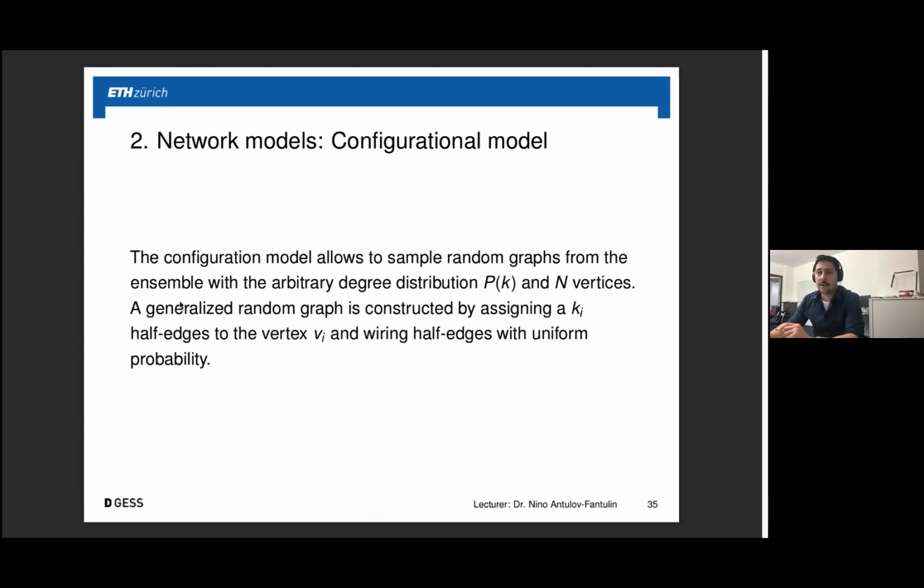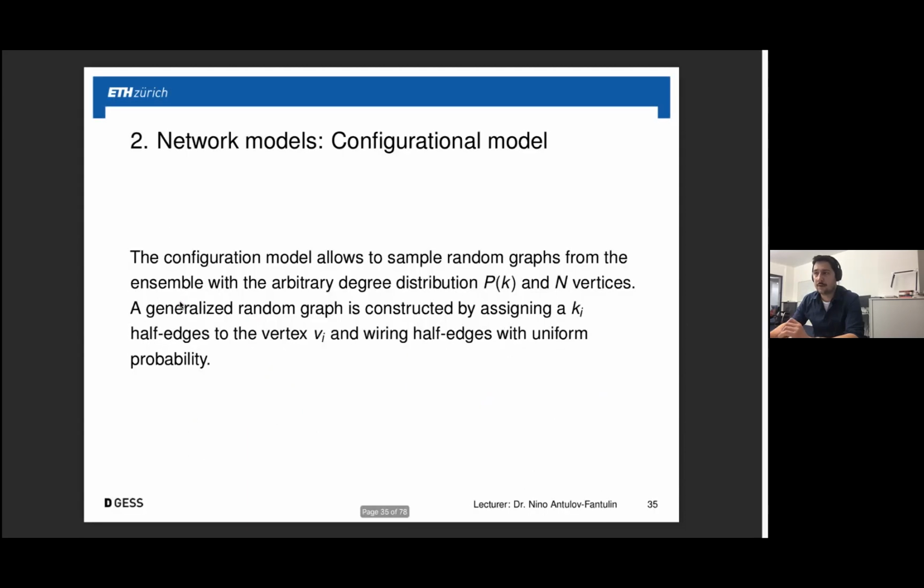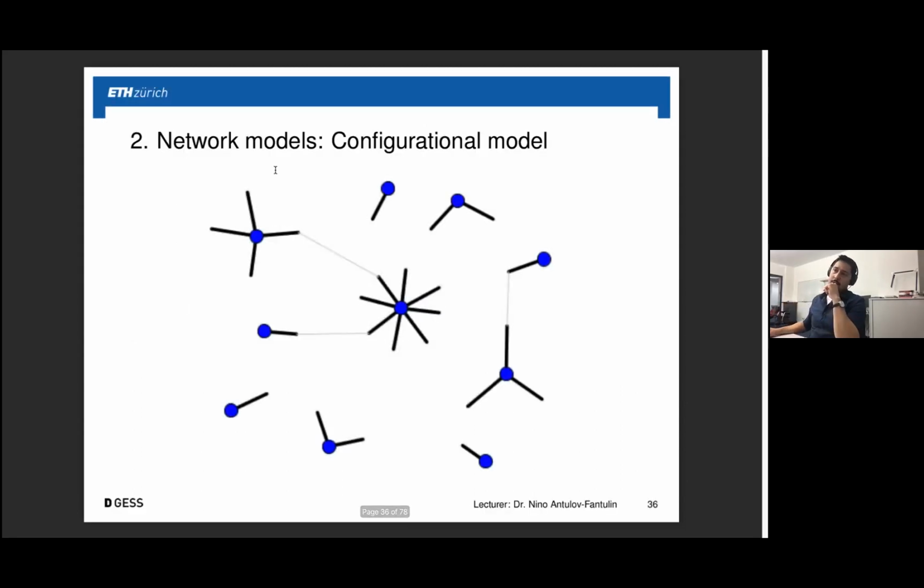Okay, so the next also important model is called the configuration model. In the previous one you get this non-fat-tailed degree distribution, and now ideally we would want to have a random graph that can have an arbitrary degree distribution. So how this model works is that first you assign degrees to all the nodes, let's say k_i.